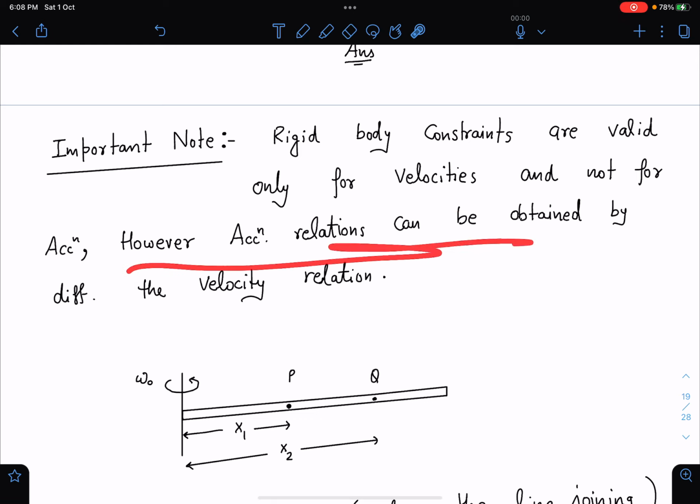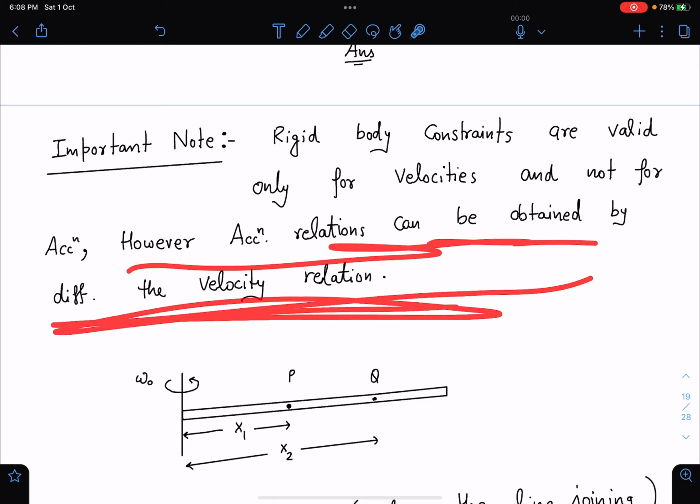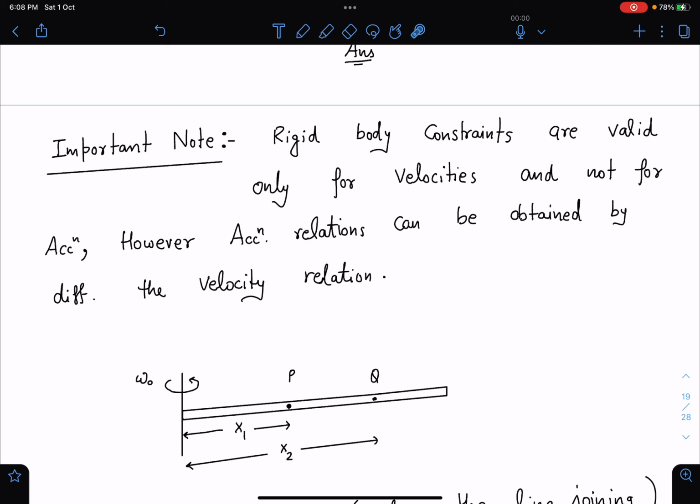However, acceleration relations can be obtained by differentiating the velocity relation. This is where normally students make a mistake, because they become habitual of writing that velocity along the common normal is the same, so acceleration along the common normal will be the same. That is not the case always. I have shown you whenever angle theta is varying. And this is another example here. Suppose point P is given, and along the line joining them, their velocity components are 0 and 0, which are equal.